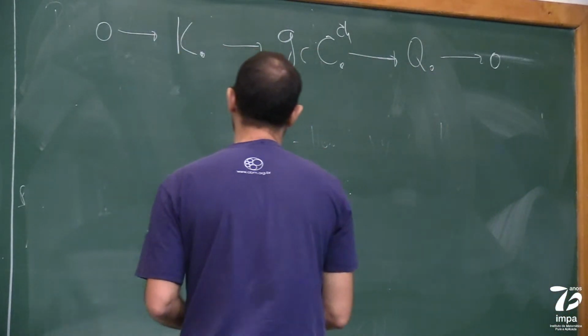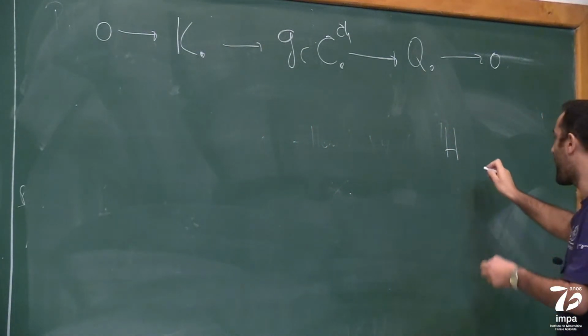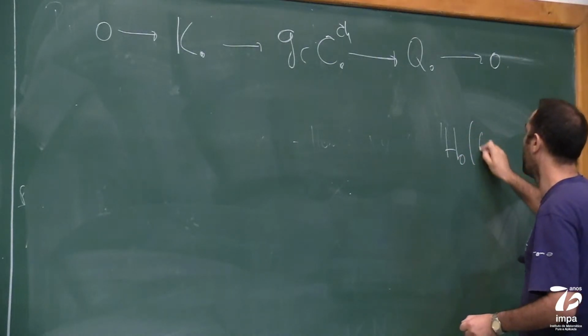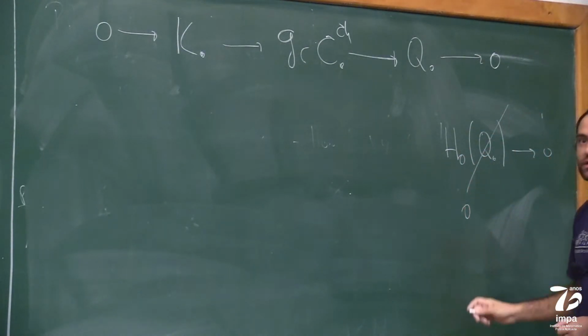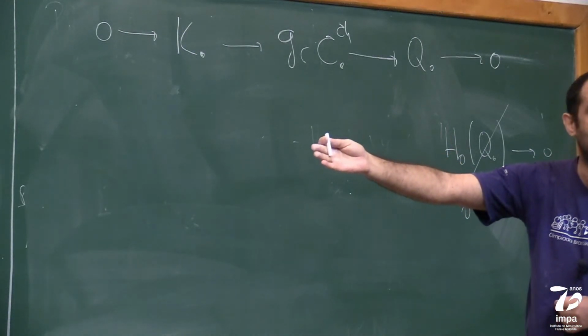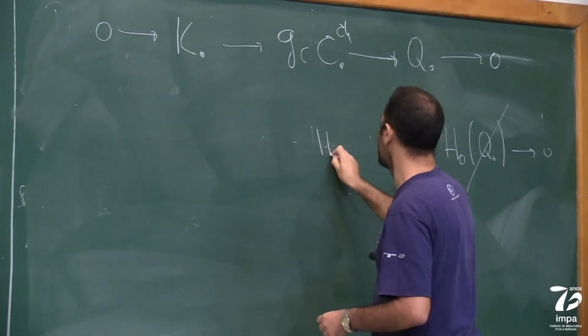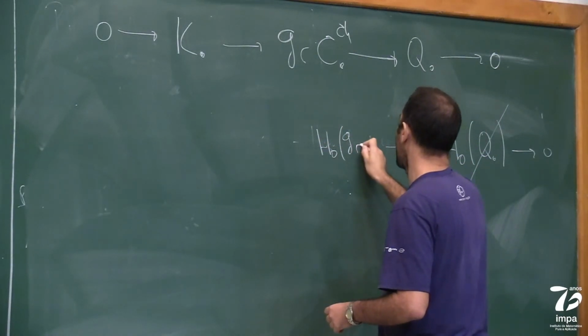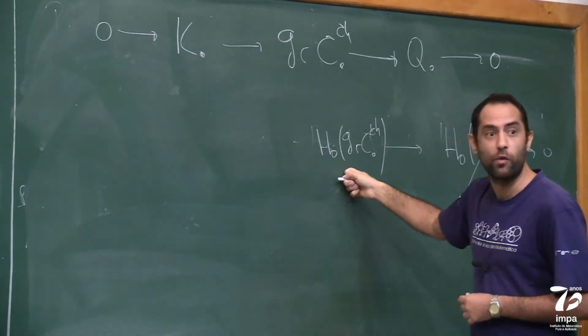So what is this long exact sequence in homology? Well, I'm going to get H0 of this Q to 0. But this we know already is 0, because there's nothing in degree 0 in that quotient Q. We get H0 of the associated graded of chiral homology, and we've already computed this.